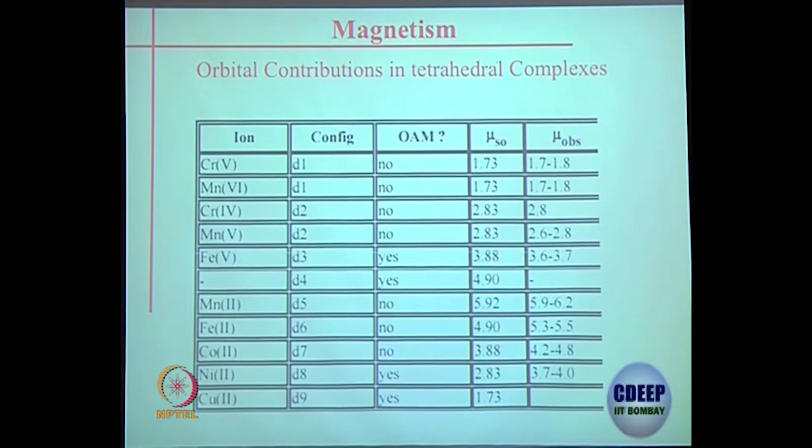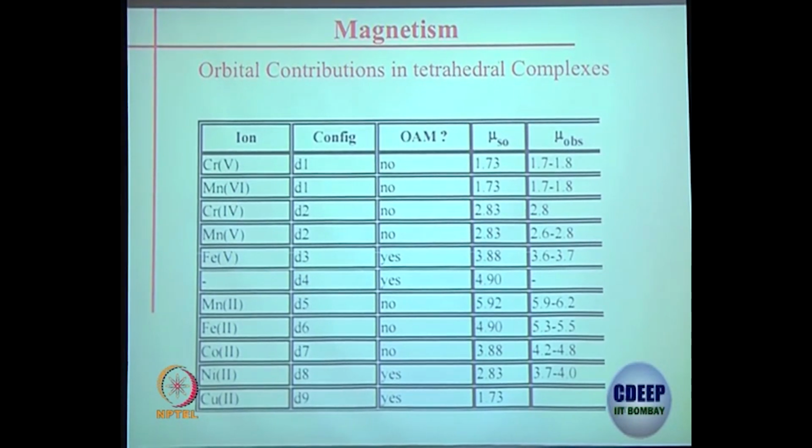For tetrahedral complex, once again it is the same thing, E and T2. E configuration usually will not give you any unsymmetrical filling, so it is not going to give you orbital angular momentum, but T2 can. Because E is dx2-y2 and dz2.